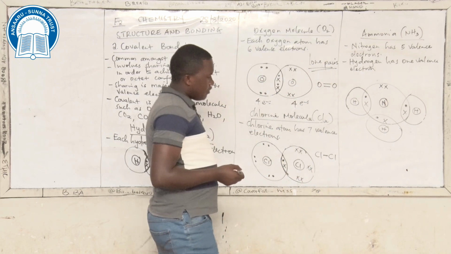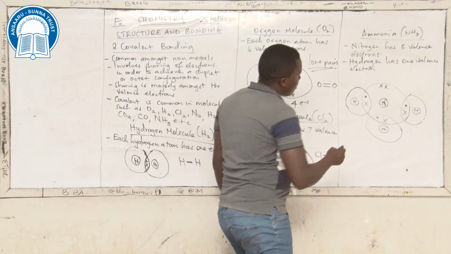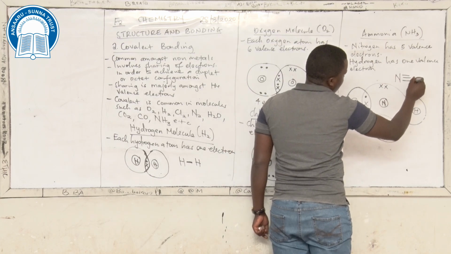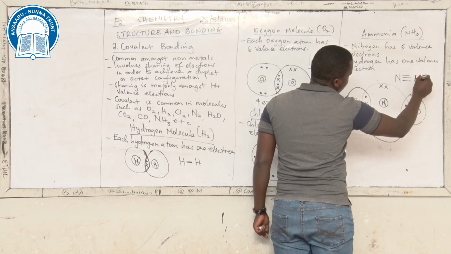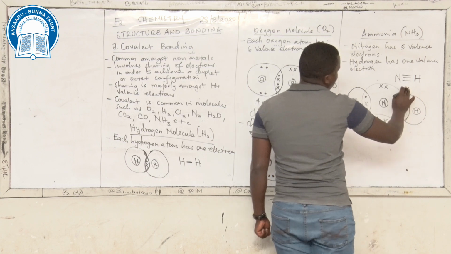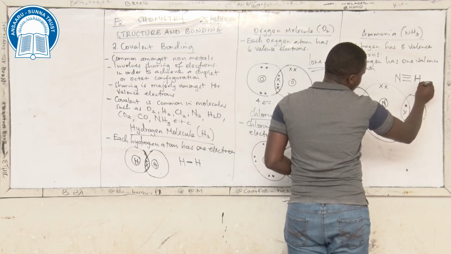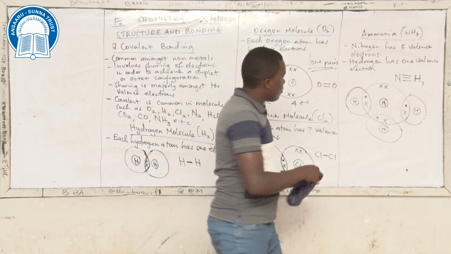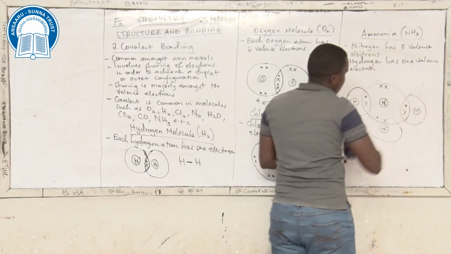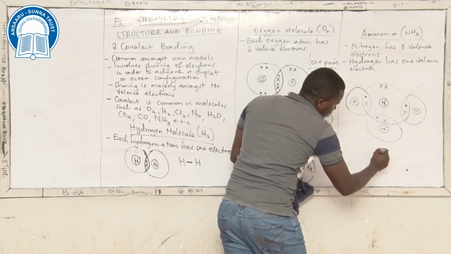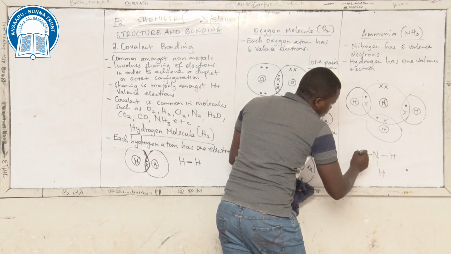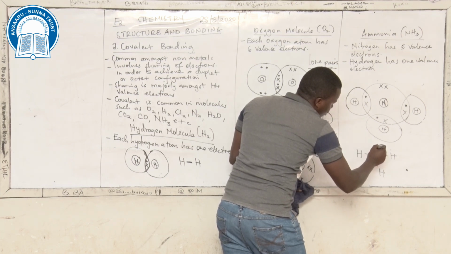So in terms of the lining, you can have nitrogen bonded to hydrogen. Or, to make it simpler, you can have nitrogen, on this side hydrogen, also hydrogen, then also hydrogen, and then you have the lone pairs.